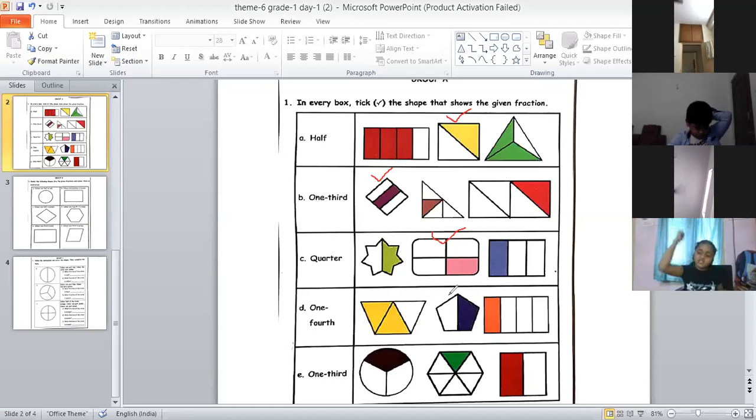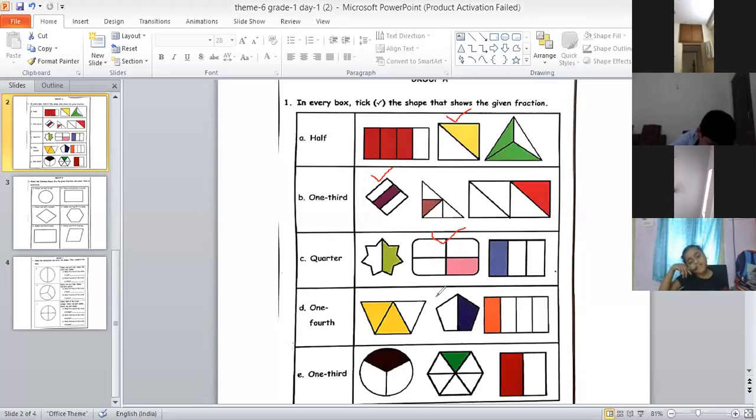Okay, Ashwath. Thank you. Pradiksha, you tell me, unmute yourself. In the fourth question, the second shape is divided into how many parts? 2 parts. Very good. So which fraction is it representing?